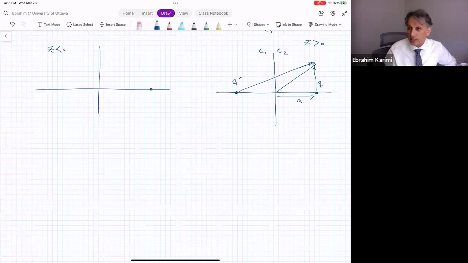Definitely the image charge does not exist there, because on the negative z side there is no net charge, but you are not expecting to see the same charges because the boundary has changed. What you see is a different charge, which we call Q second.